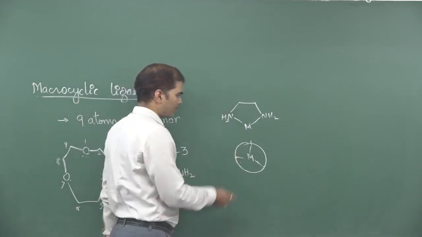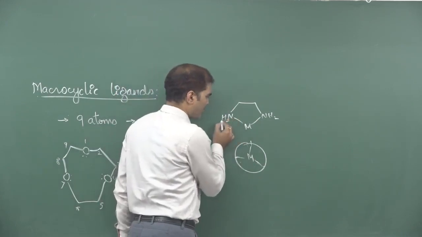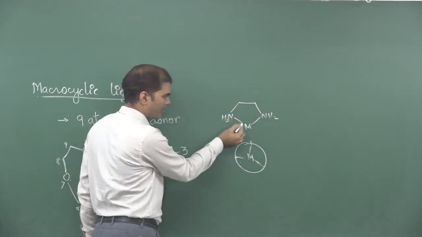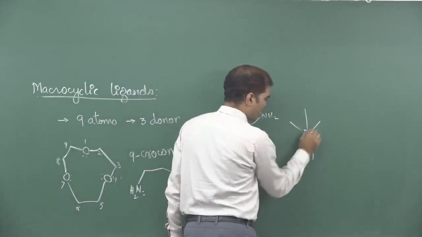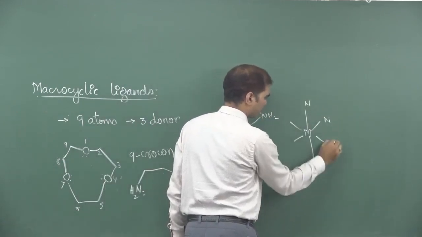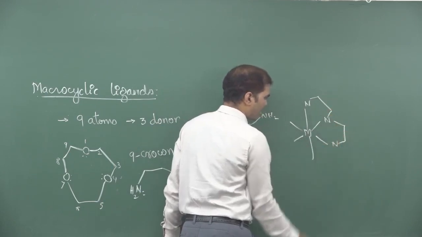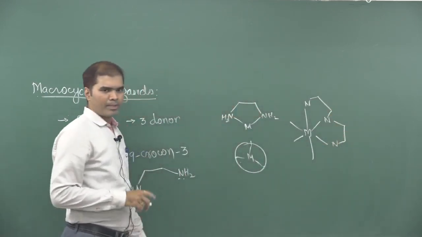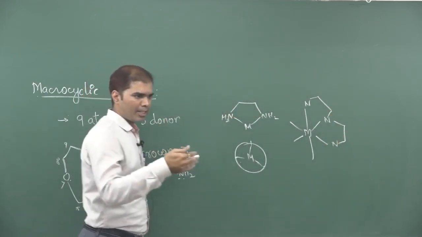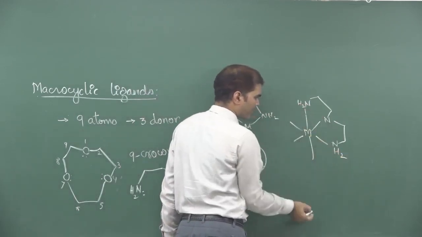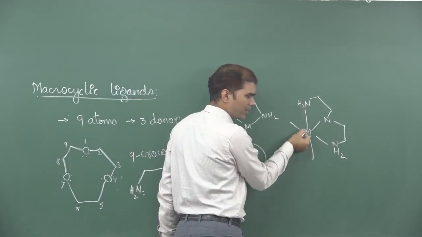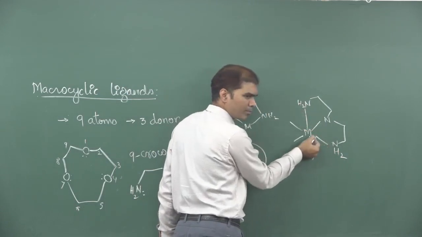Final reason, whenever nitrogen present in a chelating ligand is forming a bond with the metal, I'll just take one more ligand, you will understand. I am taking diethylene triamine. It is binding to the metal from this and from this bond.